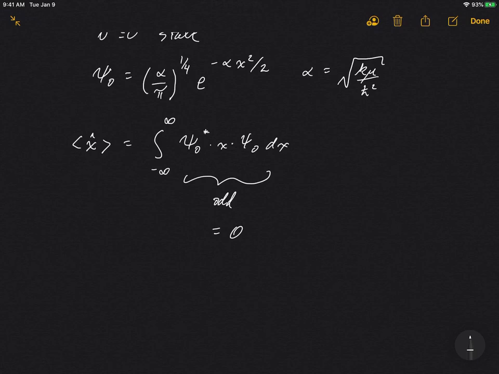And so we expect that the center of mass of this function is going to be at x equals 0. It's going to have equally weighted lobes on either side of the x equals 0 fulcrum point, right? So we expect the center of mass of this curve, or the first moment, to be 0.